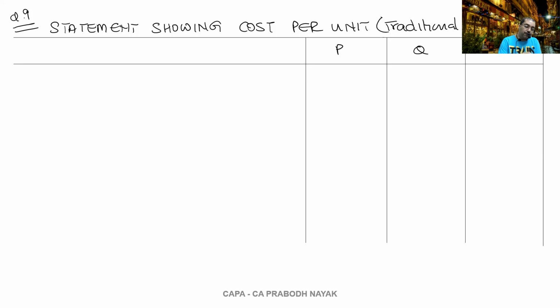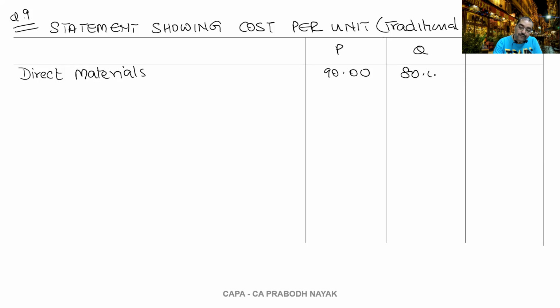Starting with direct materials. 10, 18, and 14, that is the machine hours. Direct material per unit is 90, 80, and 120.